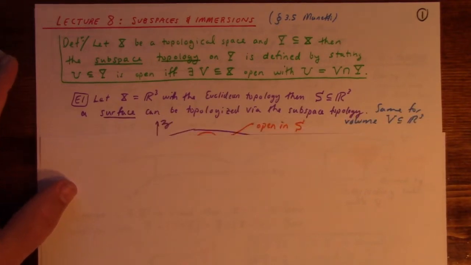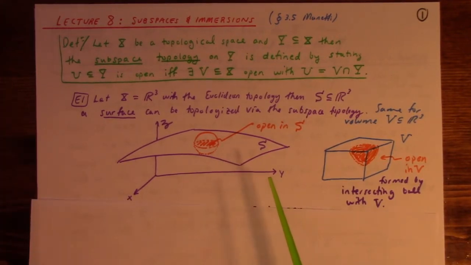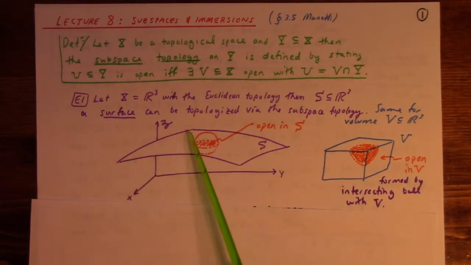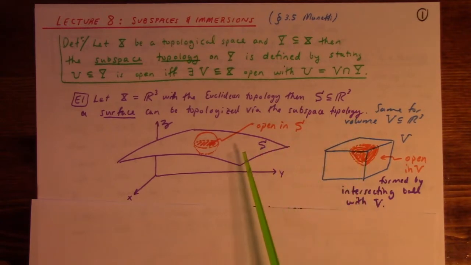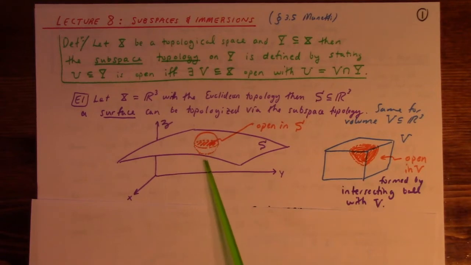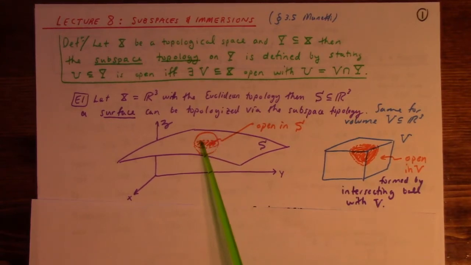So here's an example. If you have R3 with a Euclidean topology, then if you have a surface inside the R3, you can topologize that surface using the subspace topology. What are the basic open sets in R3? They're open balls, so any open set can be formed by a union of these open balls. Likewise, the basic open set in S is the intersection of these open balls with the surface, which might give you some kind of curvy oval thing.